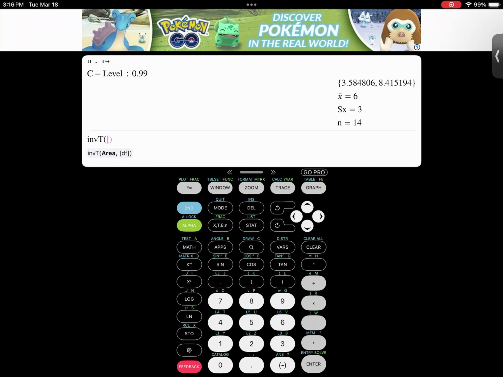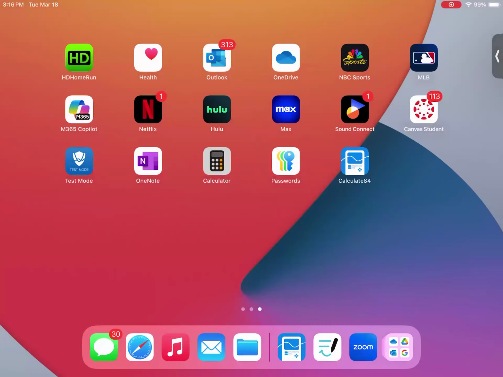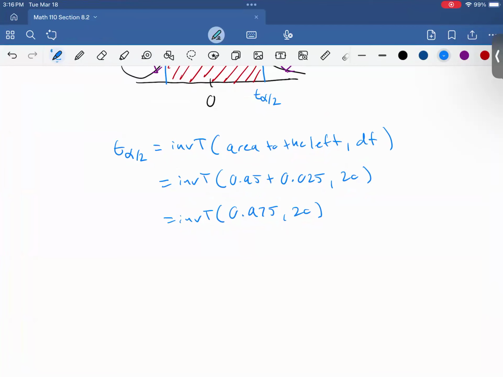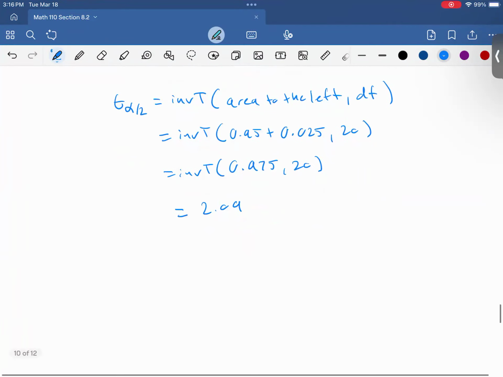I need to put in 0.975, comma, 20. And what I get is 2.0859. I'm going to round it up to 2.09. So we get an answer of 2.09.